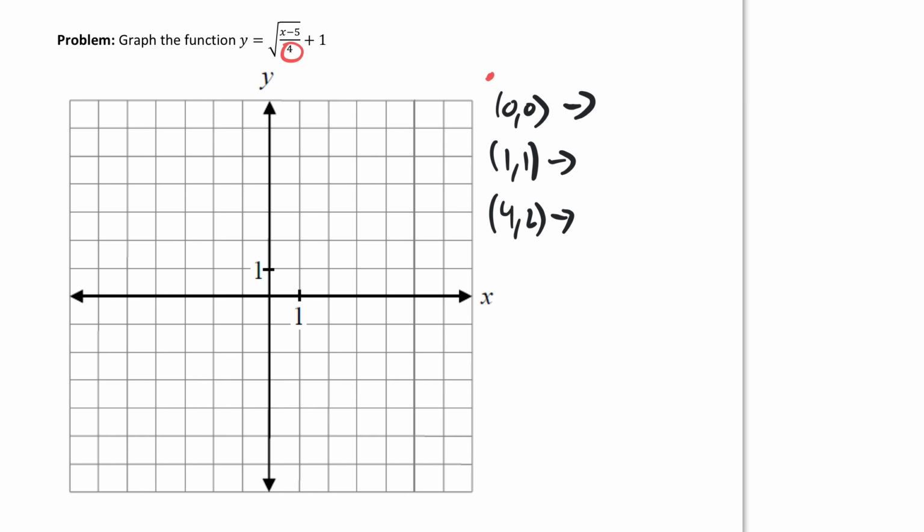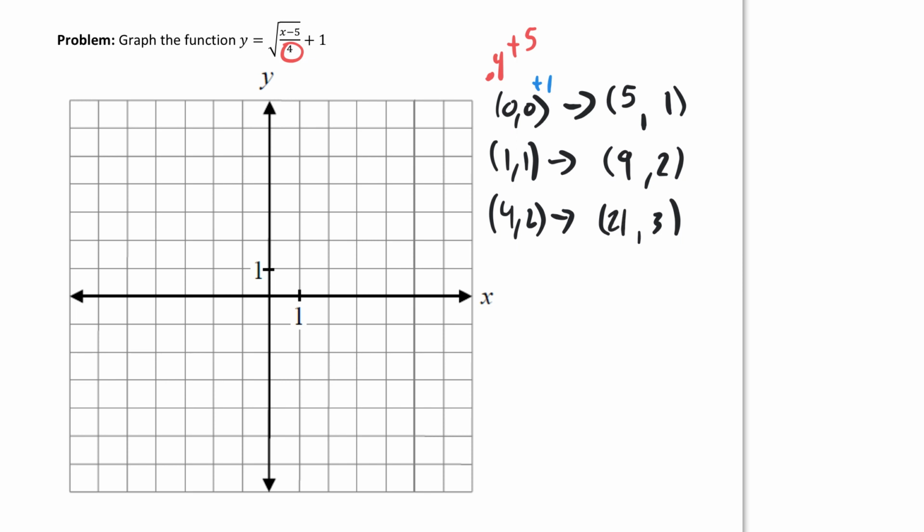So we're going to multiply the x values by 4, and then we're going to add 5 to them, whereas for the y values, we're simply going to add 1. So the y values become 1, 2, 3. The x values become 5, 9, and 21.